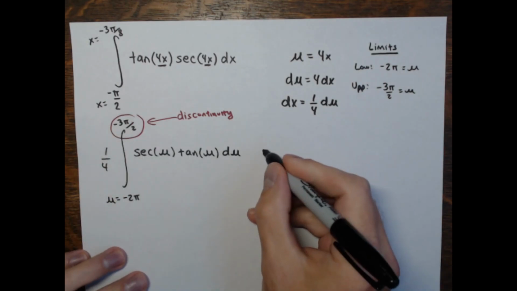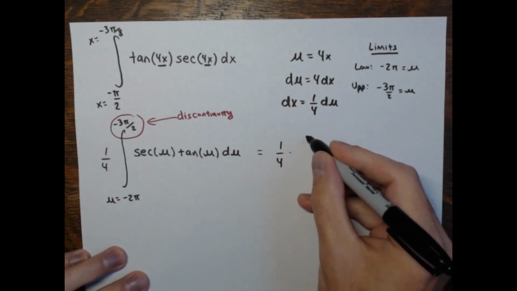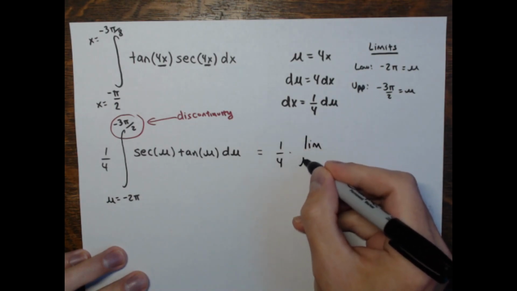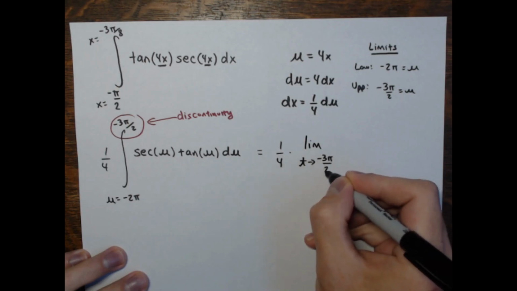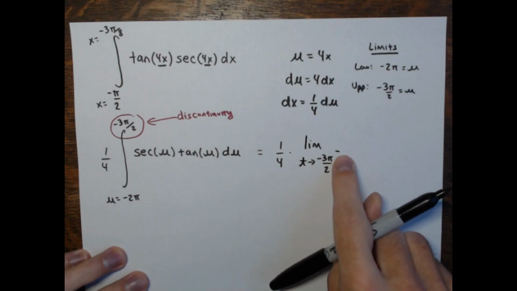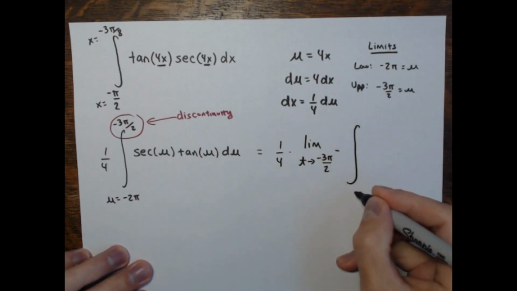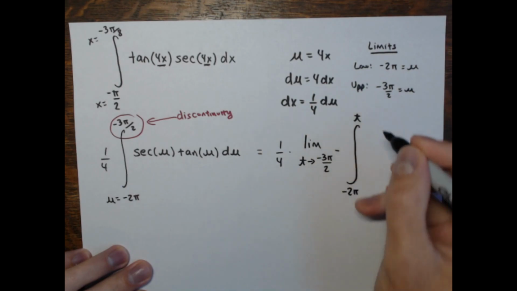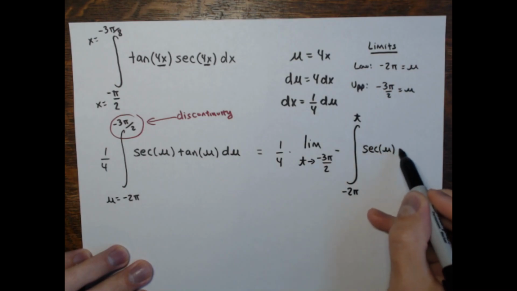All right, so this is 1/4 times, and then I'm going to rewrite that integral as the limit as t approaches negative 3 pi over 2 from the left, so a little minus there, from below, of the integral from negative 2 pi to t of secant u tangent u du.